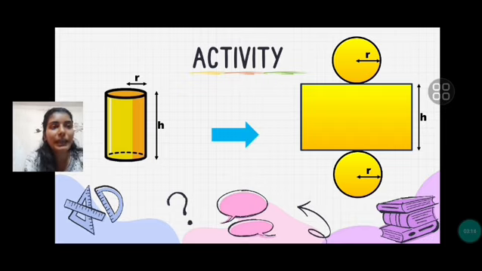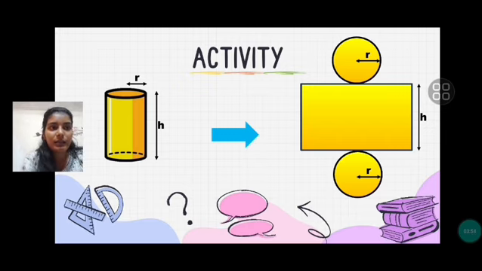So what about the length of this rectangle in the middle? The length of the rectangle will be equal to the circumference of the circle. Why? Because the circle is the shape of both the ends of the cylinder, right? The curved part is cut open and we get a rectangle. So the length of the rectangle will be equal to the circumference of the circle. Is it clear?